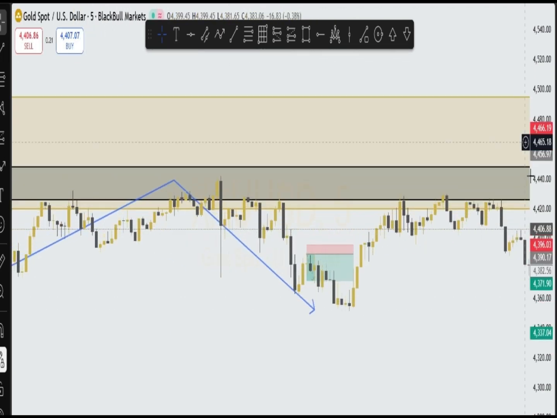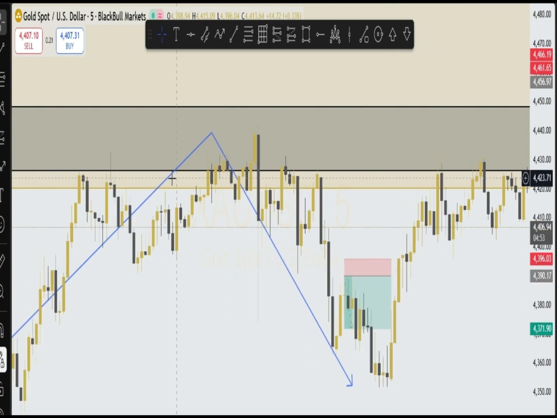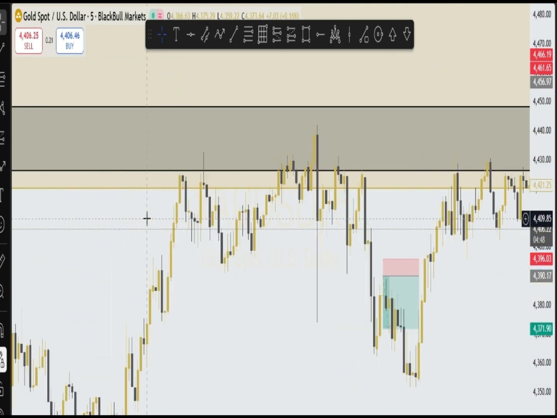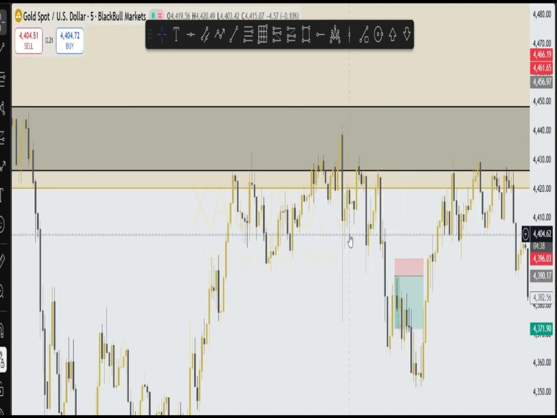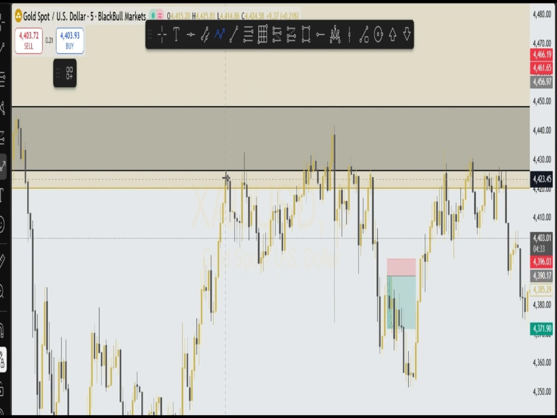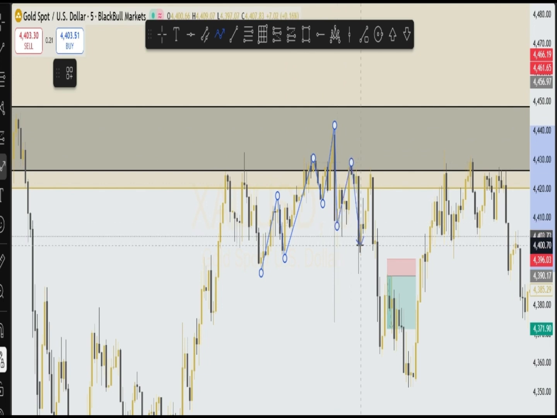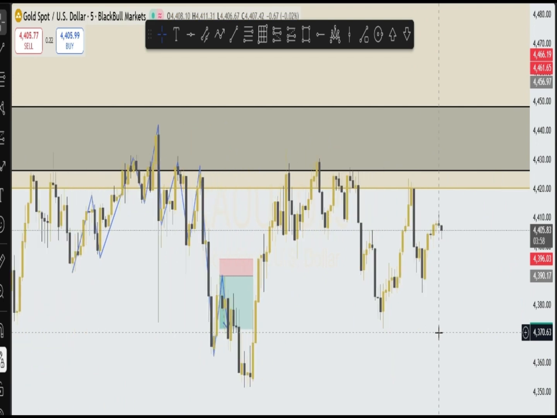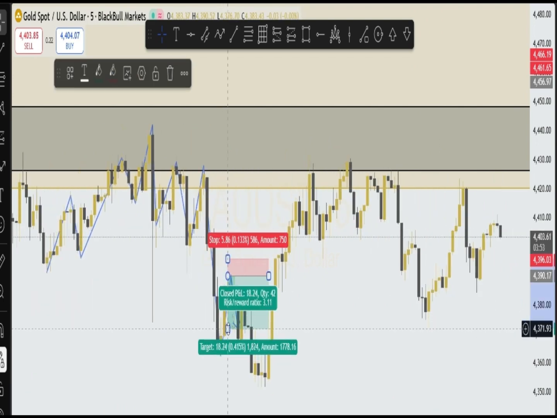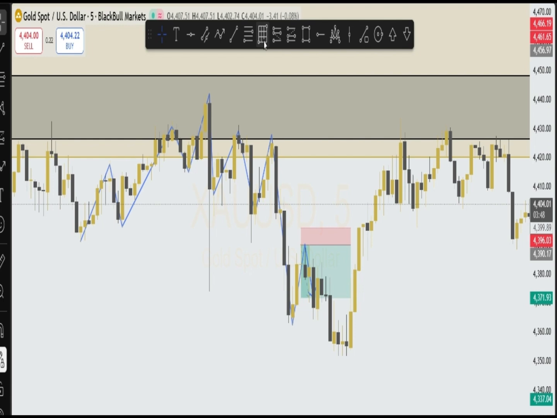Now with this, if we go to our smaller time frames, we will see that today's market was really lovely for us to trade, because there we have a smaller uptrend creating our lower low. Then we have a head and shoulders pattern right at the order block, breaking the structure, meaning that it violated a low that it previously created.